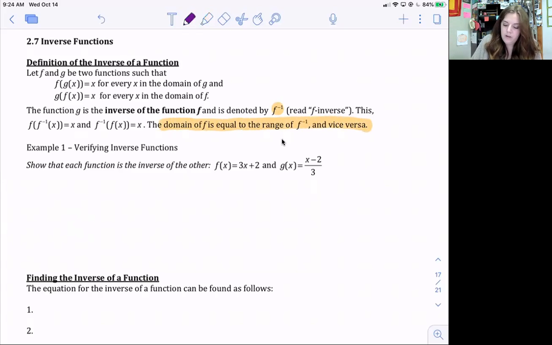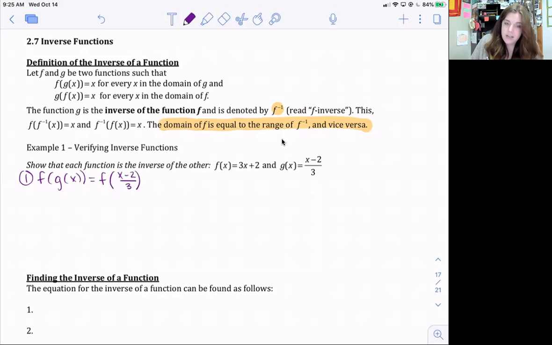So the way we verify if two functions are inverses of each other is we plug them into each other. The first thing we're going to check is f of g of x. We did this with compositions. So if we plug in, we would have f of (x minus 2) divided by 3.